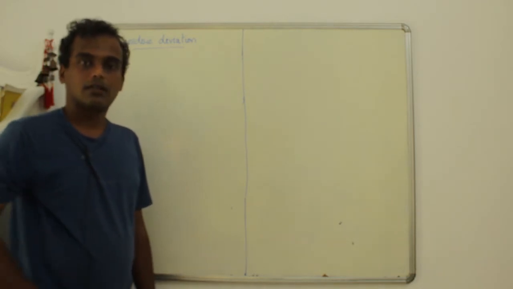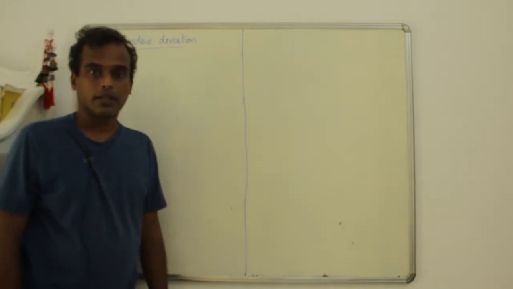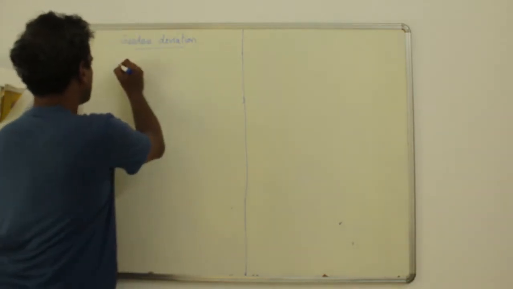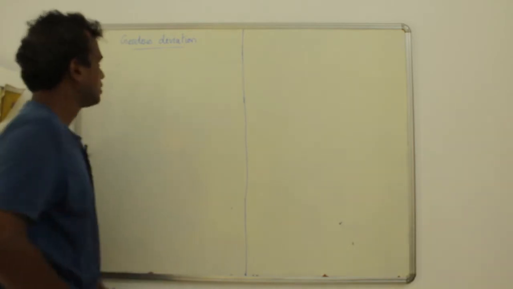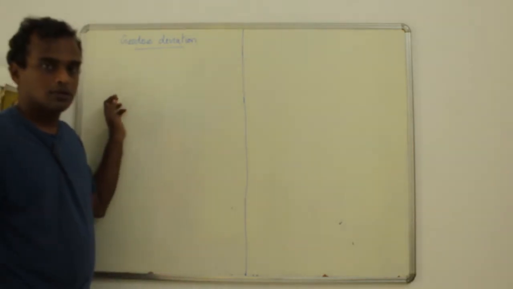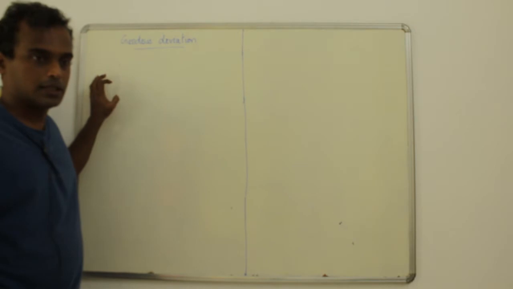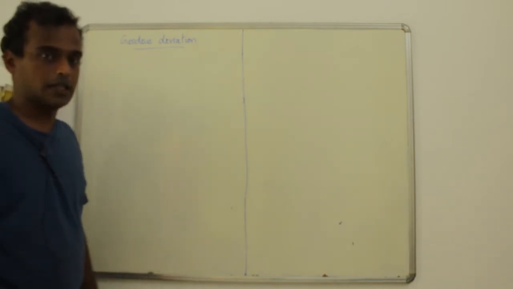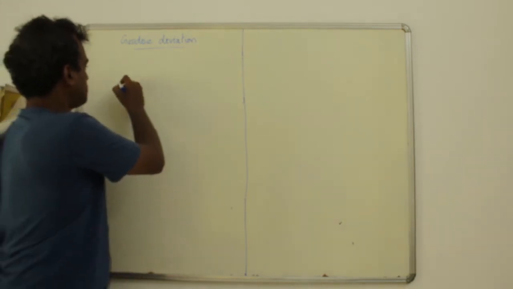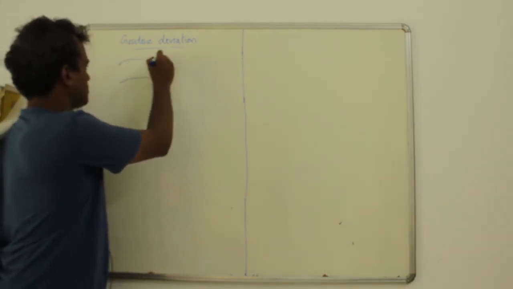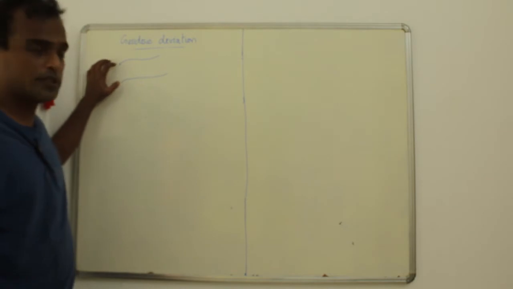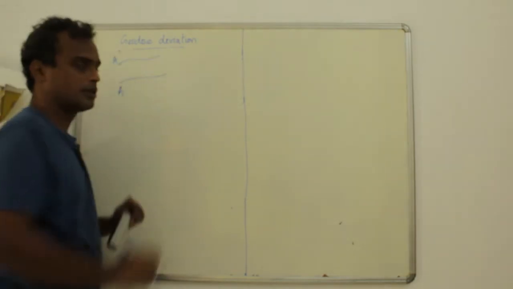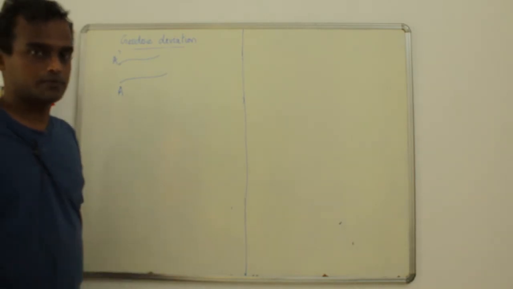In this class we will learn the physical significance of the Riemann curvature tensor. We do this by considering two particles that move in a given gravitational field, such that they start off from nearby points A and A prime with the same velocity.